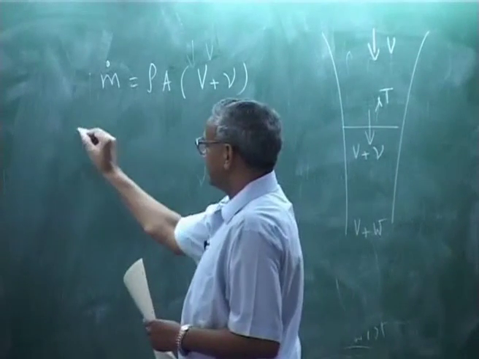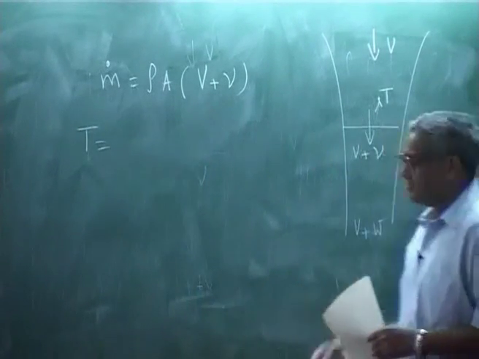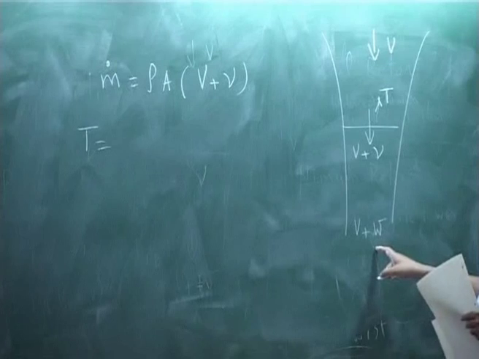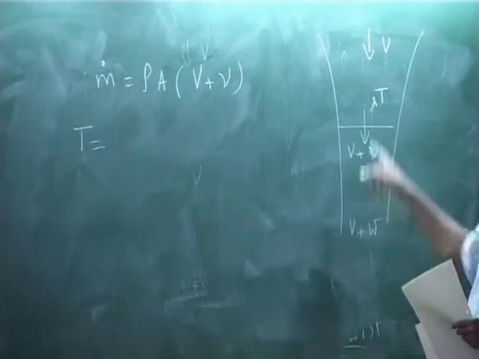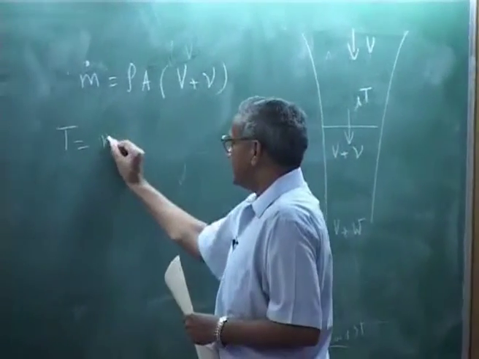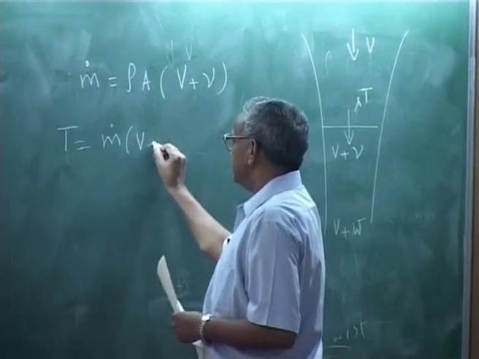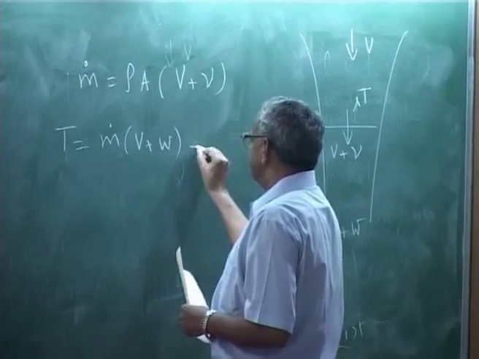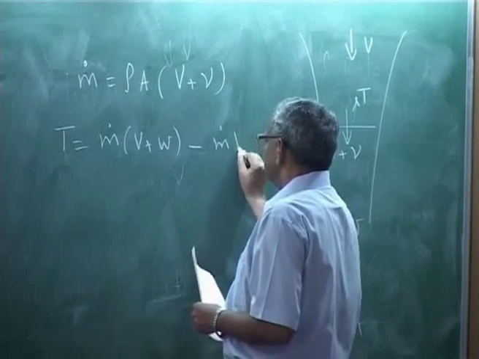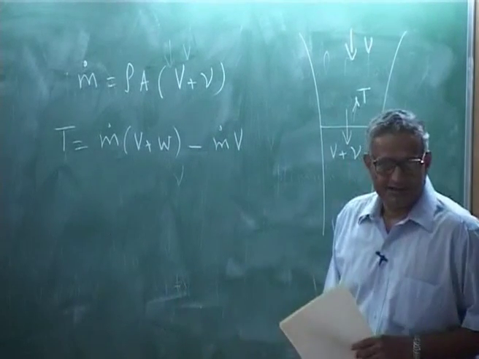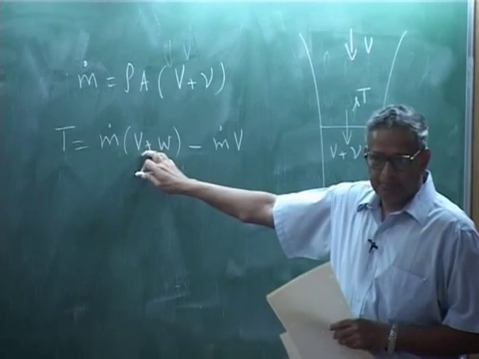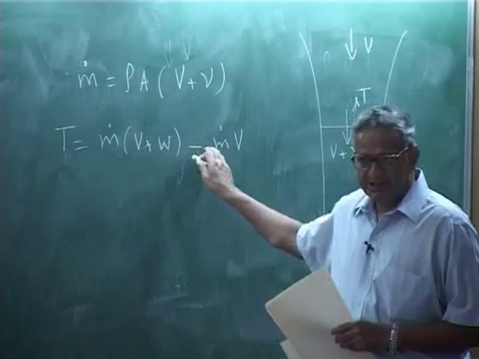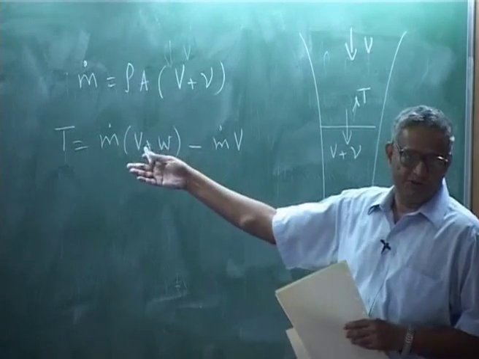Thrust is change in momentum from initial to final, or final minus initial, that is m dot (V plus W) minus m dot V. Okay. Because this is the final momentum, and this the initial momentum, and because these are rates, that is nothing but the force.